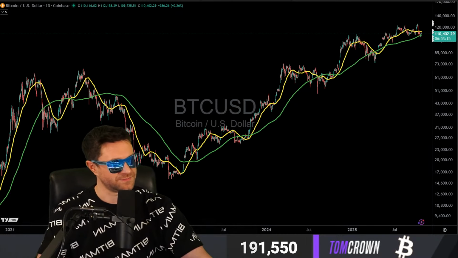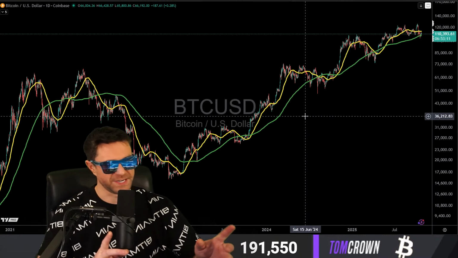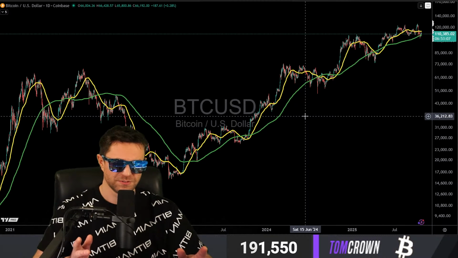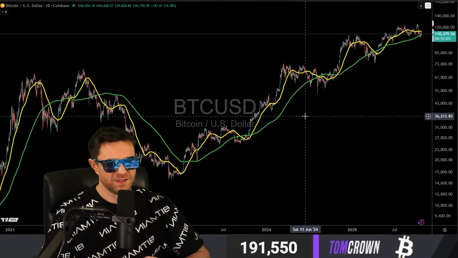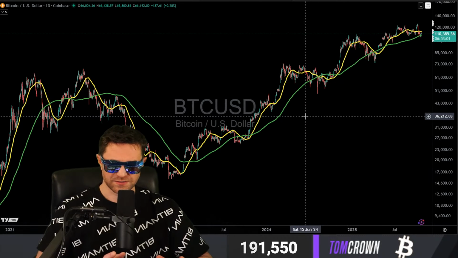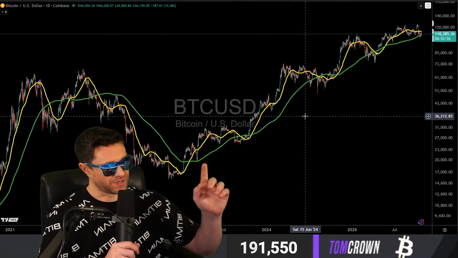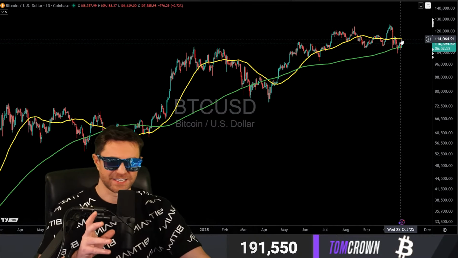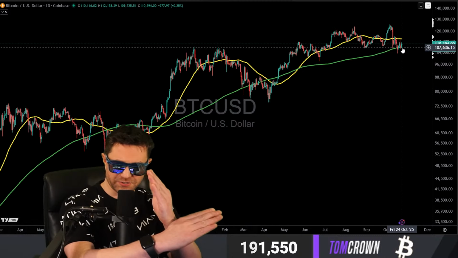So, death crosses. In front of us is the last few years of Bitcoin's price action. In green, we have the 200 daily moving average, and in yellow, we have the 50 daily moving average. Simple moving average, not exponential. When these cross, we look for either a death cross, which is what is brewing right now above us, the 50 daily above the 200 and looking to intersect.